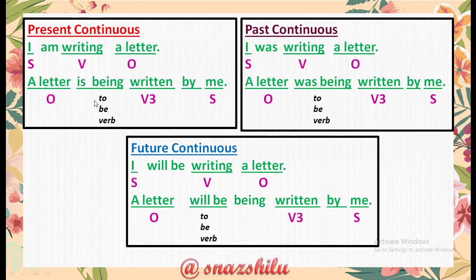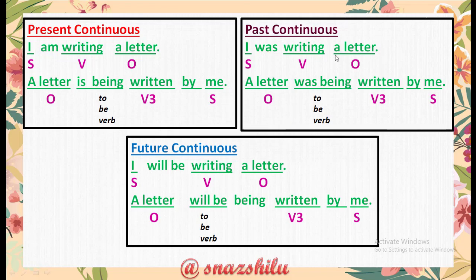Actually, we do here for the continuous tense, and for the ing, we take being, and the letter is being written by me. As we learned from the chart, we actually do that.